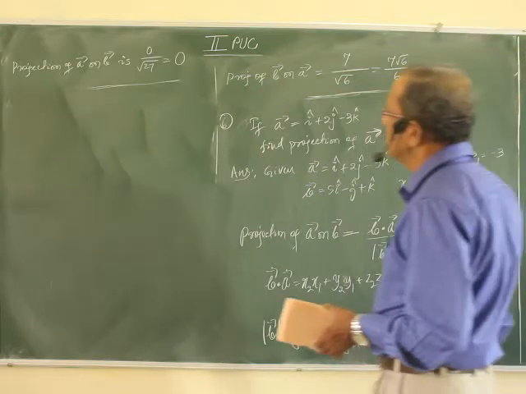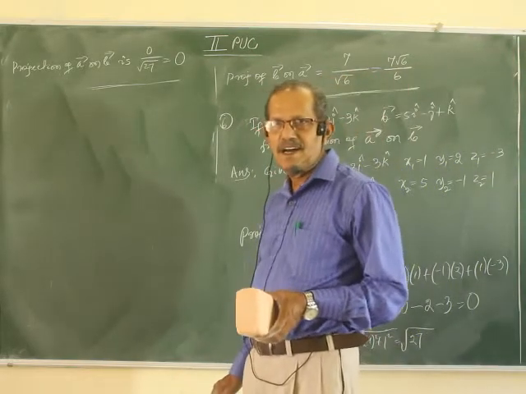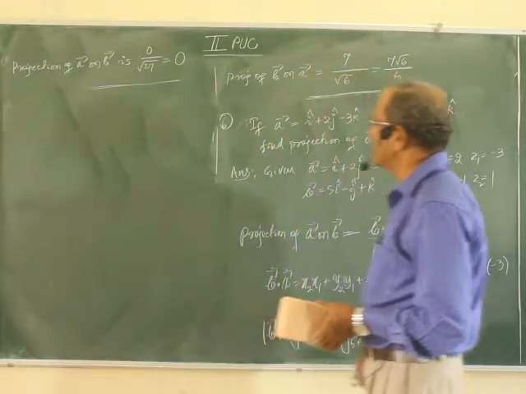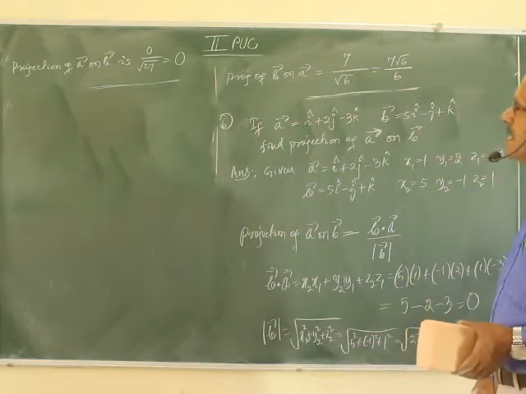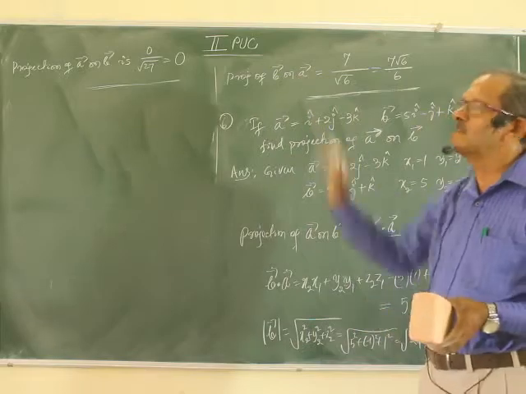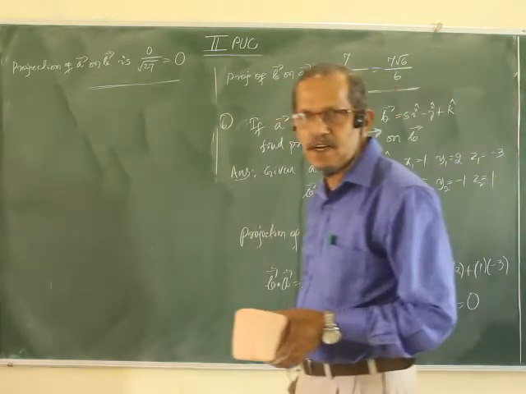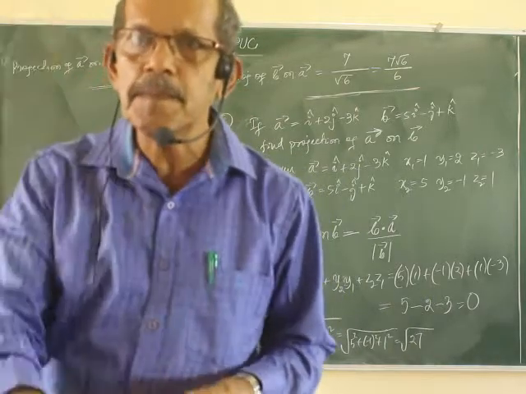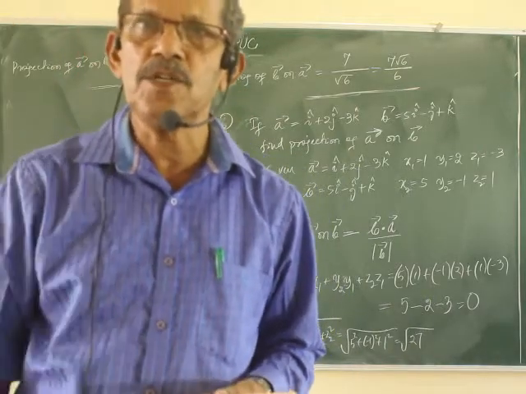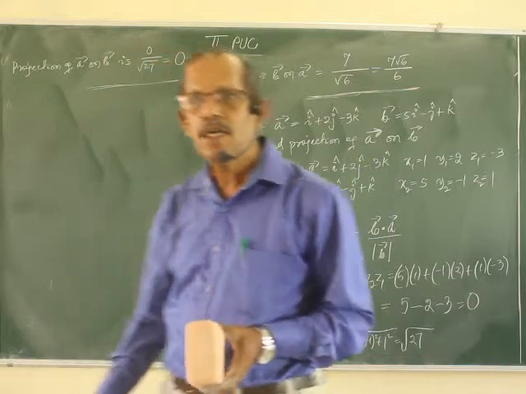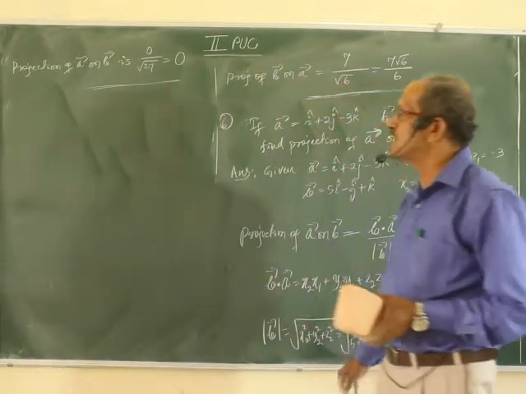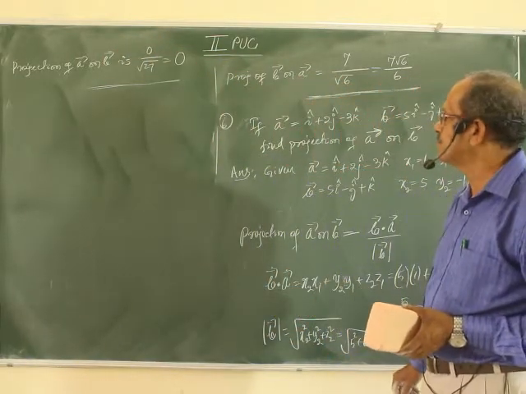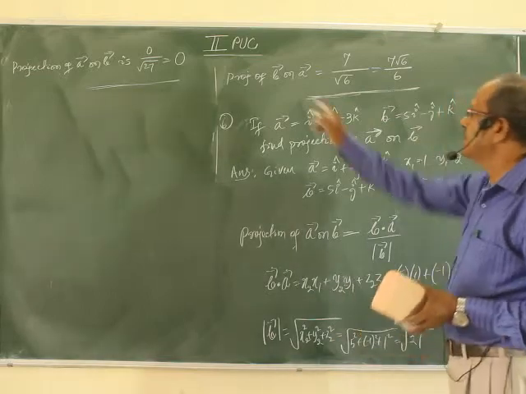Why does the projection become 0? Because the vector A is perpendicular to B. That is why you get projection 0. There will be no shadow at all. Meaning what? It is perpendicular. That is why no shadow or no projection. Projection is 0.